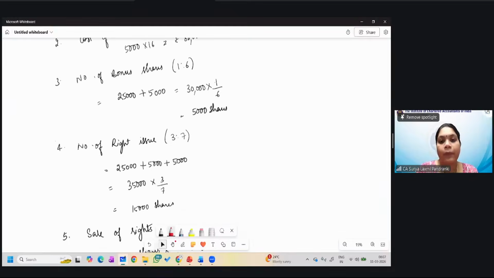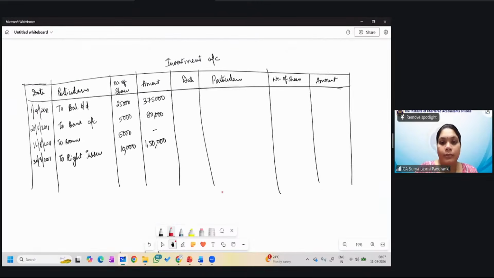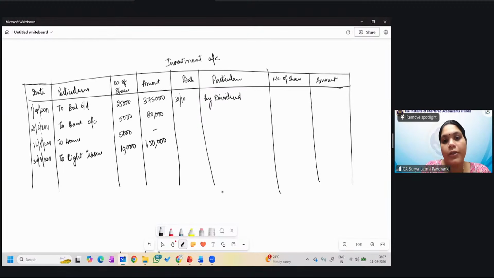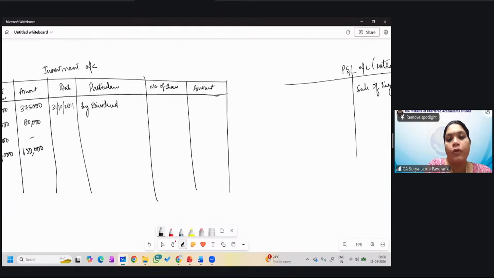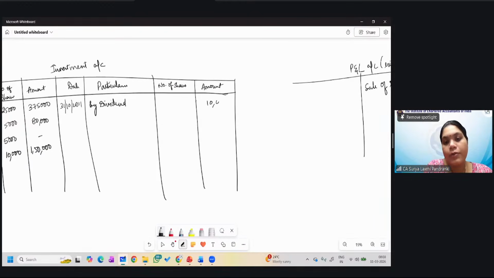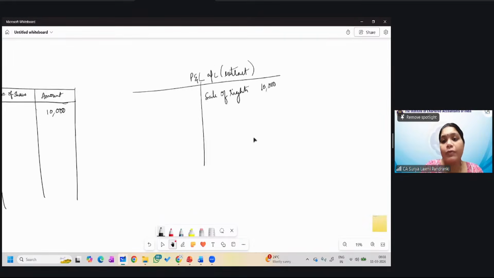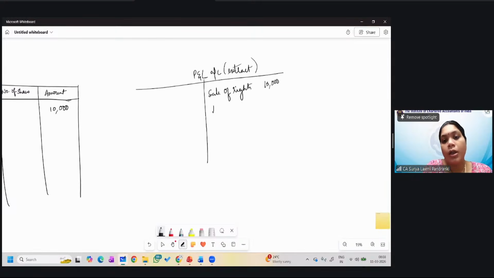It is on 31st October 2011, dividend of 10,000. Only 10,000 is adjusted against the investments. Remaining part of 50,000 will go to your P&L statement as dividend.